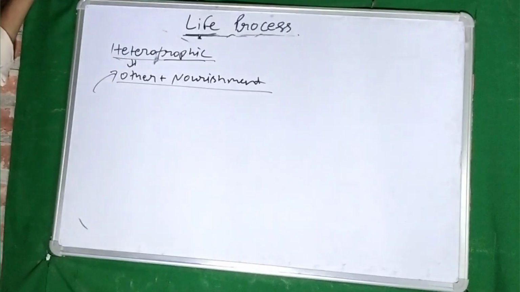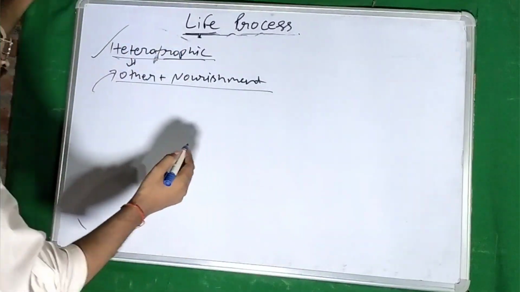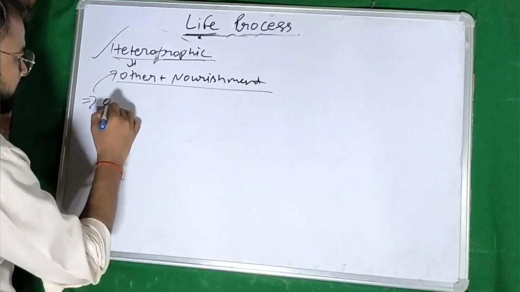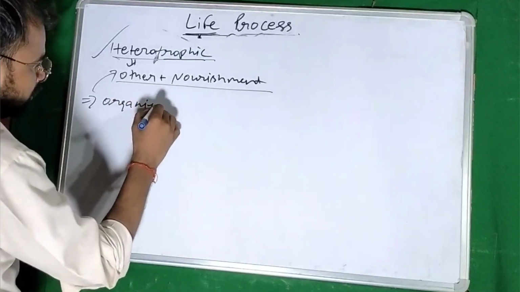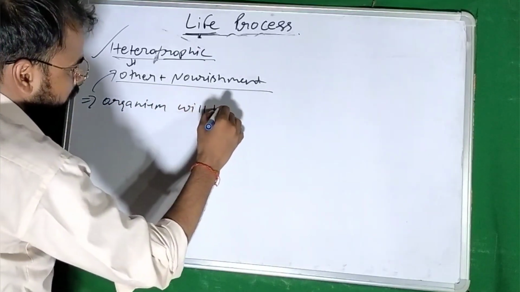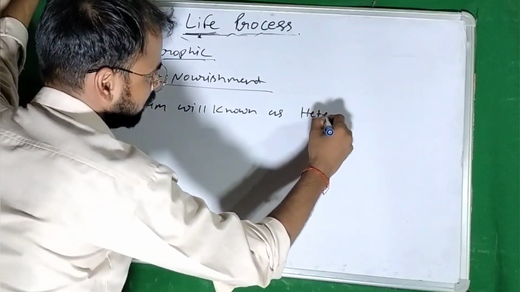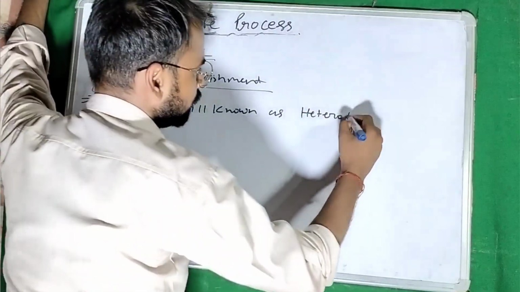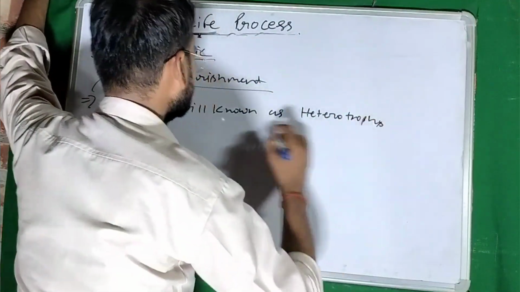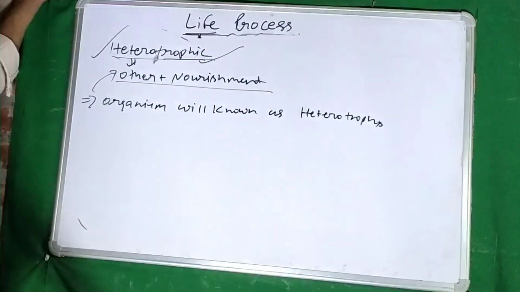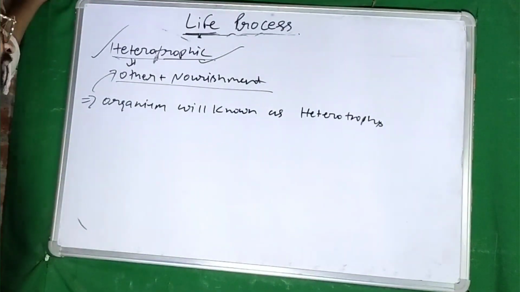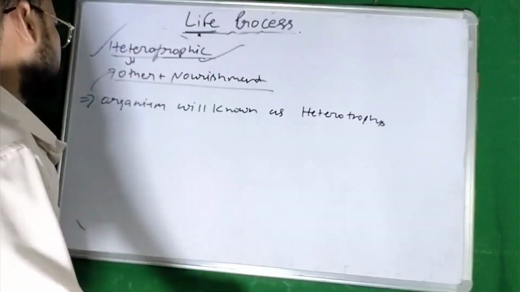Living organisms that take their nutrients, their nourishment, from other living organisms come under the heterotrophic mode of nutrition, and the organisms are known as heterotrophs. Now there are three categories of heterotrophic mode of nutrition.